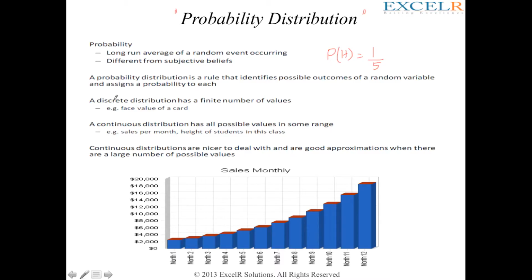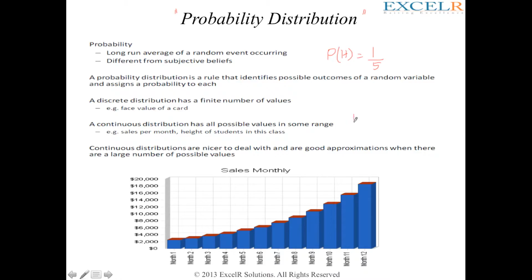If the output data of interest that you're dealing with is discrete, then it's called a discrete probability distribution. If the output variable, or the event that you're dealing with, is continuous in nature, it is called a continuous probability distribution. For example, if you're trying to check the probability of heights of the students, right?